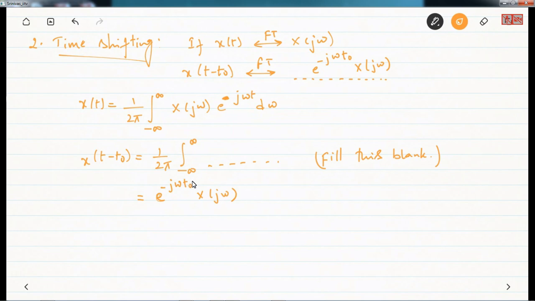Right? Say for example, there is a question, that the Fourier transform of x of t is X of j omega.